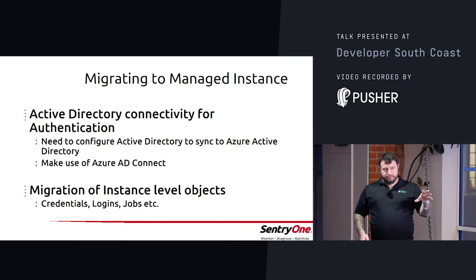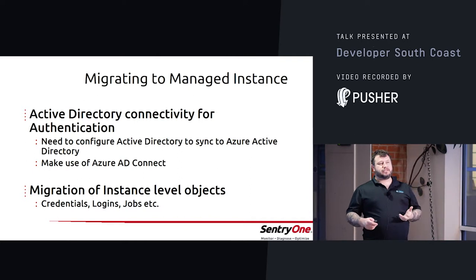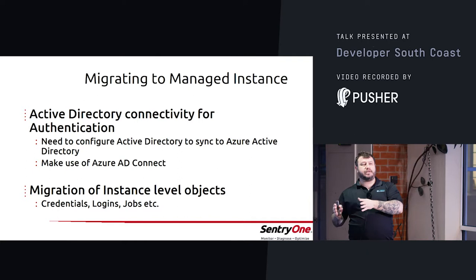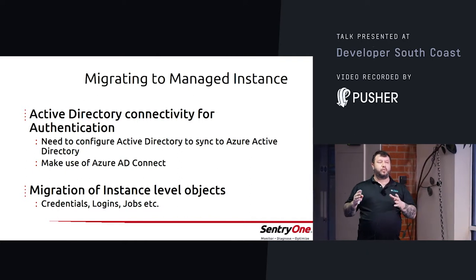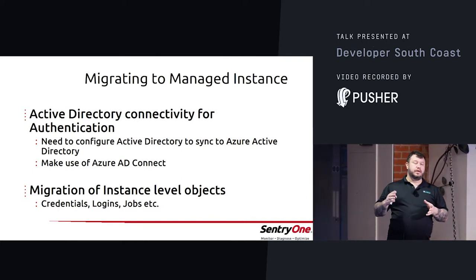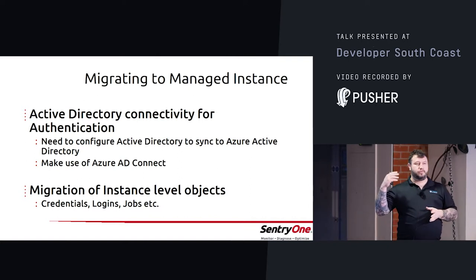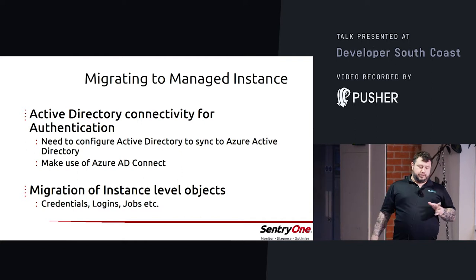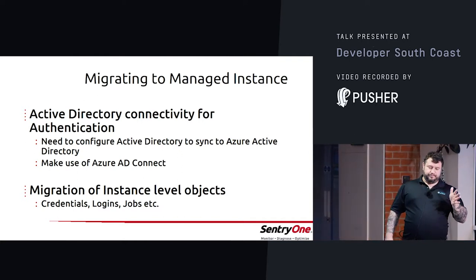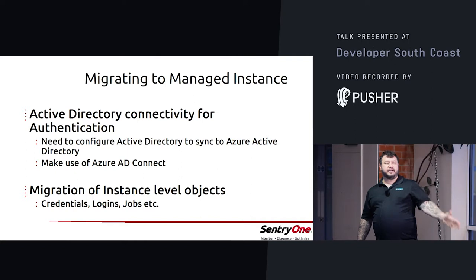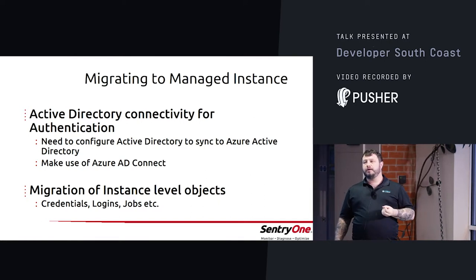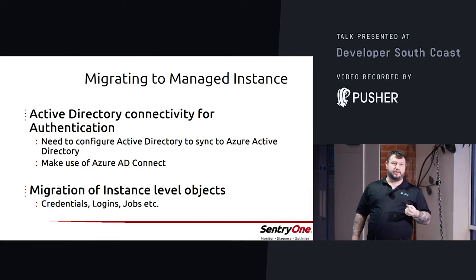What happens, though, when it moves, or rather copies those logins and entities from on-premises Active Directory to Azure Active Directory, the SID, the security identifier, will change. Okay? The SID in the Azure tenant will be different to the one on-premises. Now, traditionally, one of the issues you've had when you've moved databases between servers, and it's been predominantly for SQL logins, is when you create a SQL login, it creates a SID unique to the server.